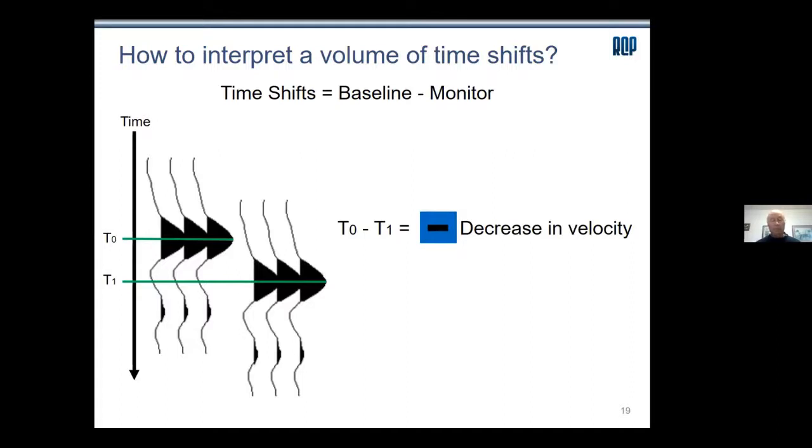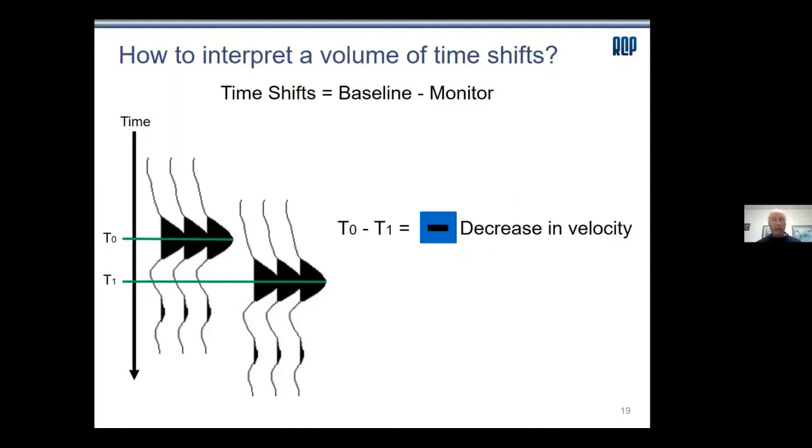Just to give you an idea of what we think is going on in the subsurface: if we have proximity to natural fractures, we're going to open up those fractures and decrease the velocity because the rigidity of that medium drops. And the shear waves are very sensitive to rigidity. In fact, their velocity is controlled by the square root of rigidity over density.